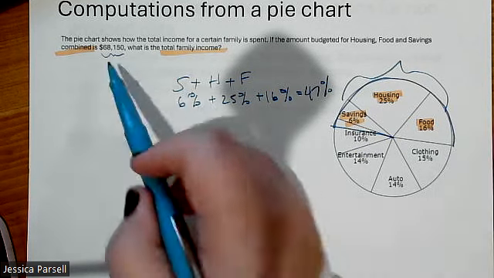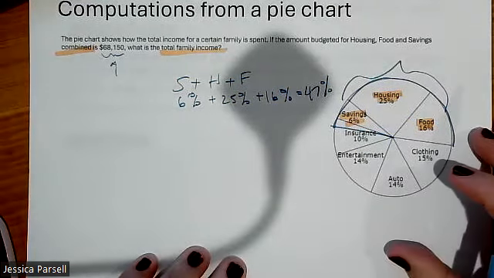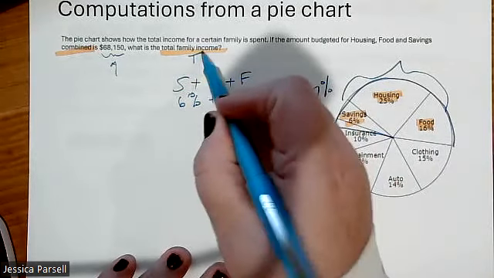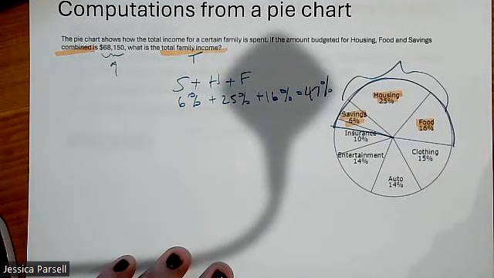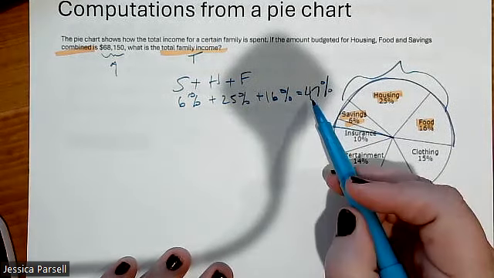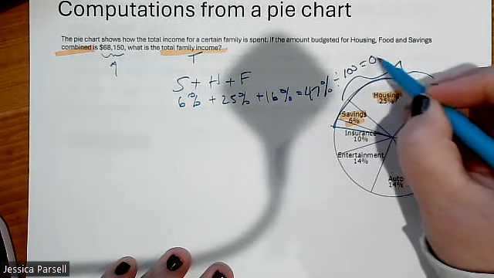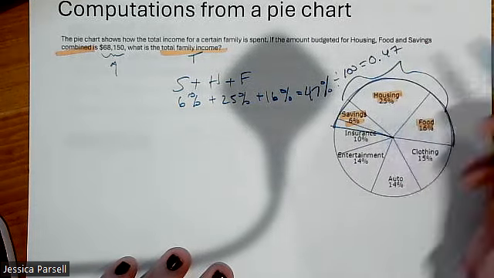We also know the combined income is $68,150. Total family income, we'll call that T, we don't know. Here's what we do know. We know that 47%, let's convert that to a decimal. Let's divide that by 100. Go 0.47.